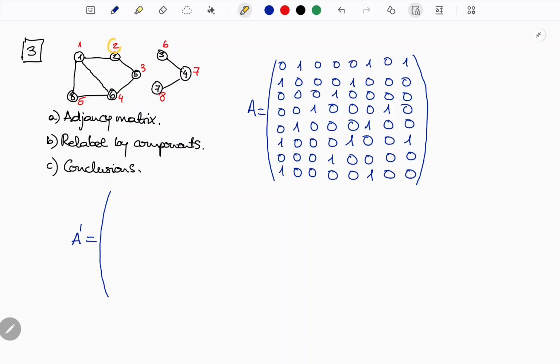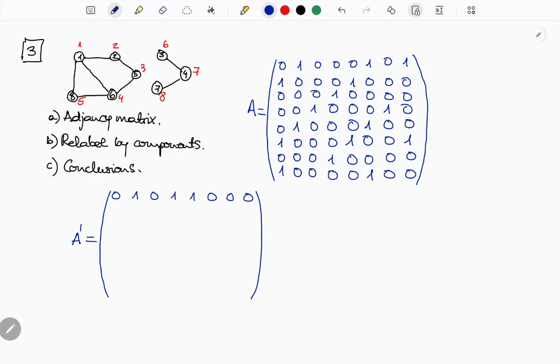So I have 2, 4, and 5, so this has to be a 0, 1, 0, 1, 1, and the rest are zeros: 0, 0, and 0. We have a total of 8 elements in this row, so 8 columns, everything's fine.